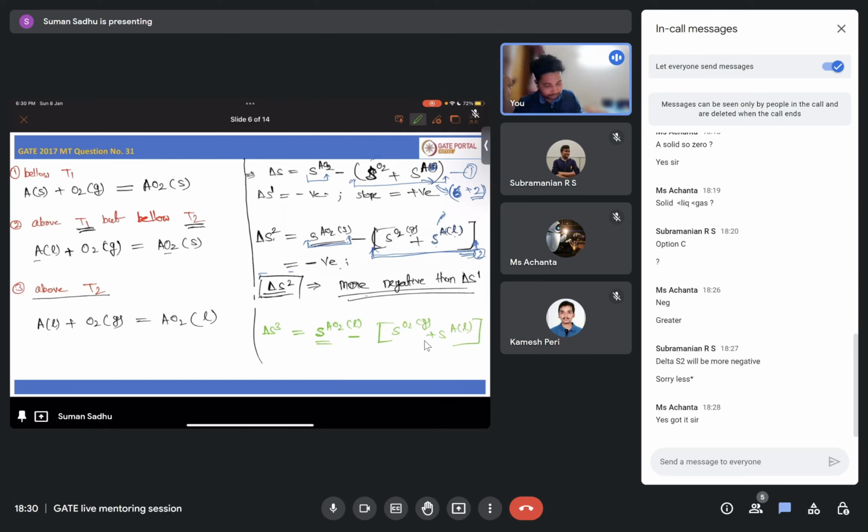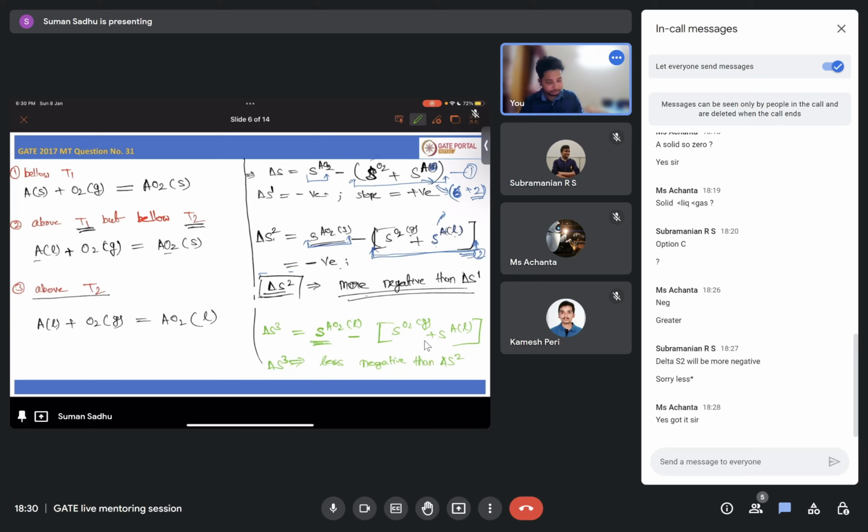Okay, so that means now this also has some positive, some significant value as compared to this. So in this case delta S3 is less negative than delta S2, right?